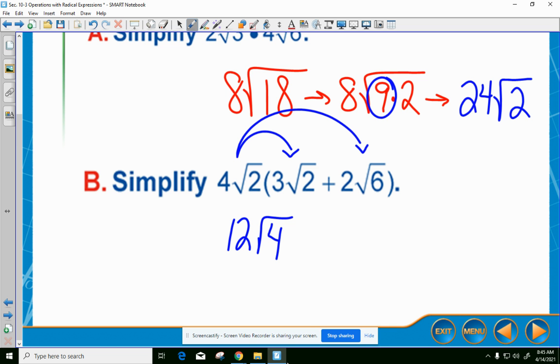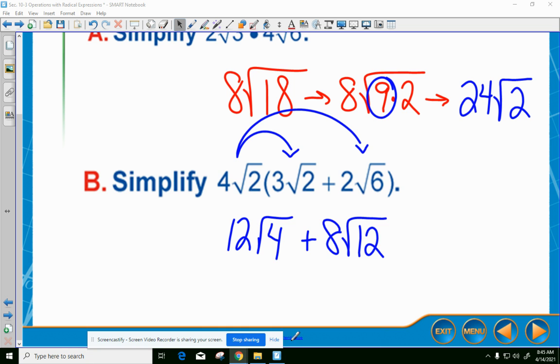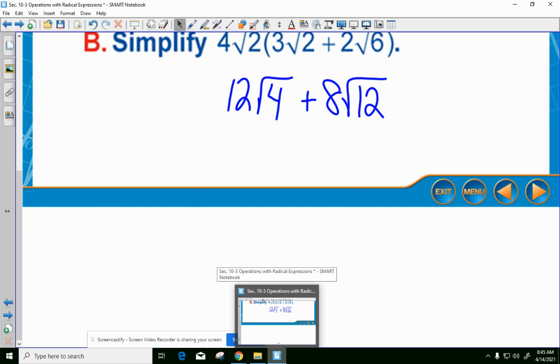Megan, what's the coefficient part there? 8. And the radical? 12. Am I done? No. Is there something in there that I can do? Emily, what do you think?